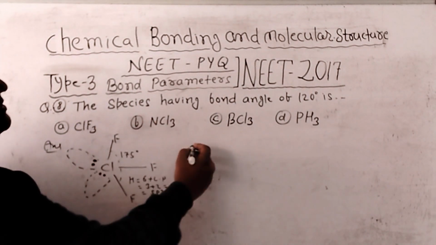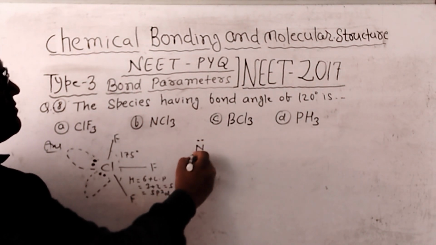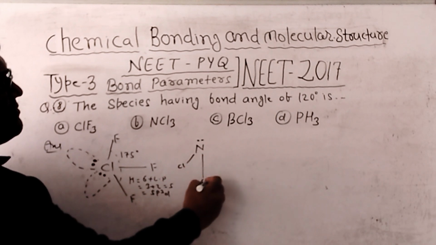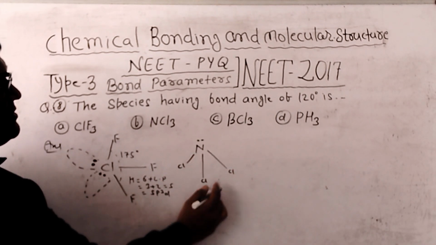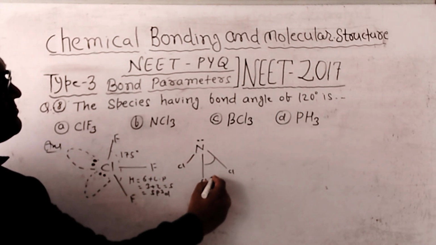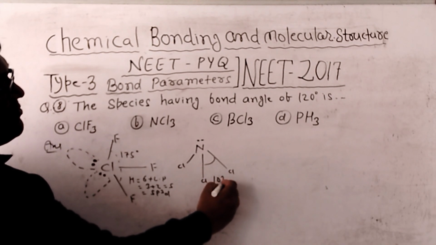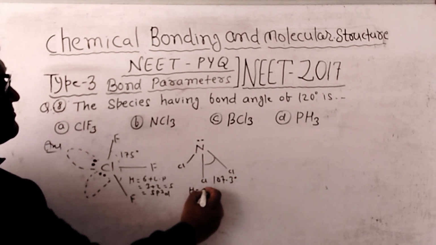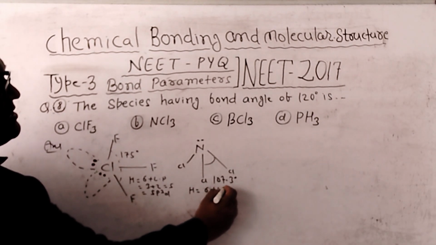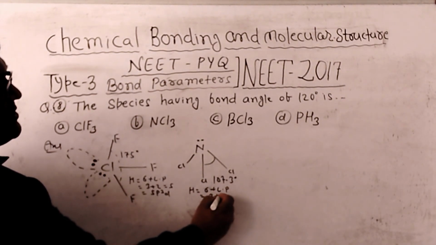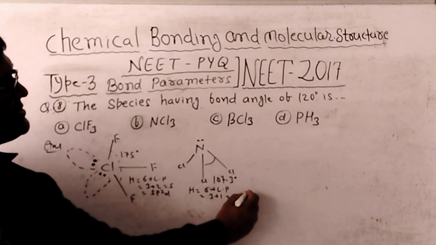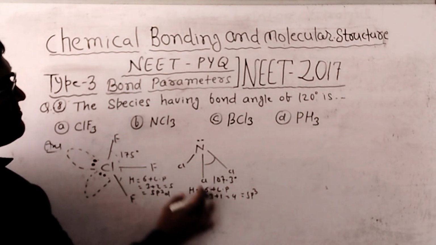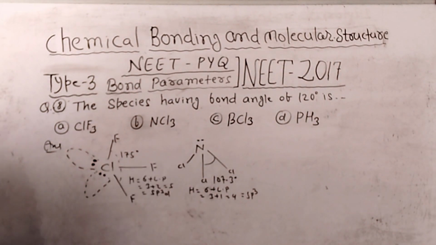Now in case of NCl3, here the bond angle is 107.3 degree and hybridization is sigma plus LP. So 3 plus 1 is equal to 4, sp3 hybridization is here in NCl3.